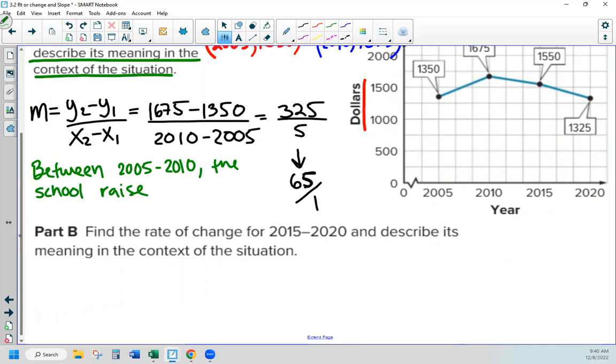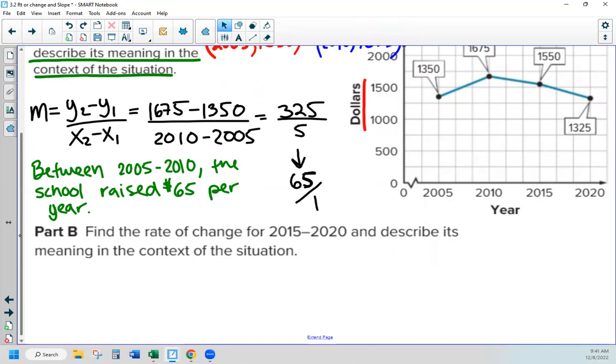Not always is it raising money, because if you look at the next set of lines, they're going downwards. Okay. That's it. It's as easy as that.